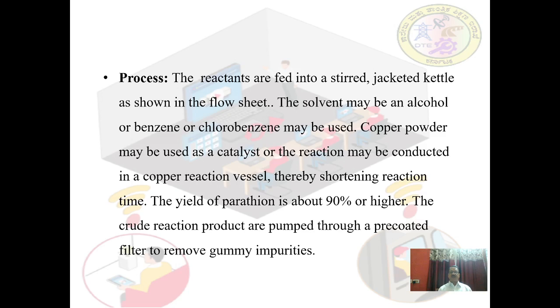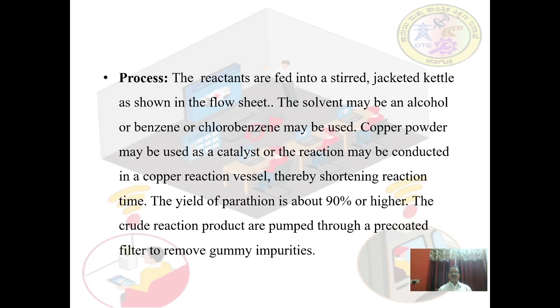Copper powder may be used as a catalyst, or the reaction can be conducted in a copper reaction vessel, thereby shortening the reaction time. Usually catalysts are used to accelerate the rate of chemical reaction.